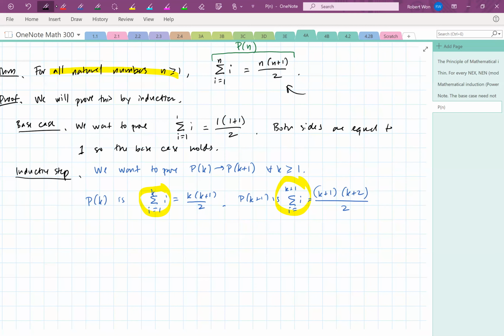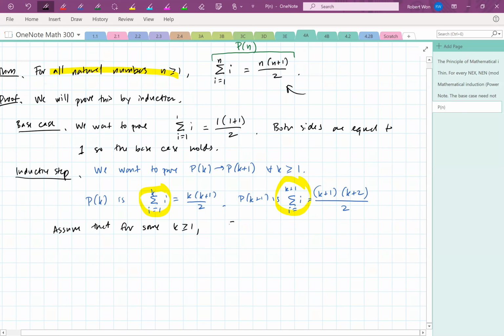So I want to prove P of k implies P of k plus 1. That's a conditional, which means that I'm allowed to assume that P of k is true for some k. So assume that for some k greater than or equal to 1, the sum from i equals 1 to k of i equals k times k plus 1 over 2. So I get to assume P of k.